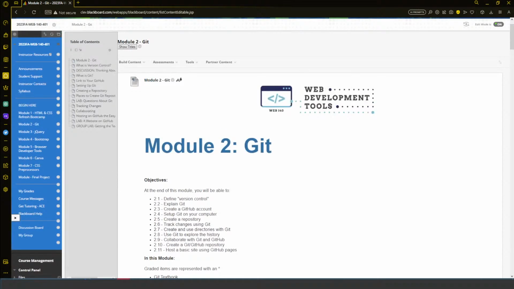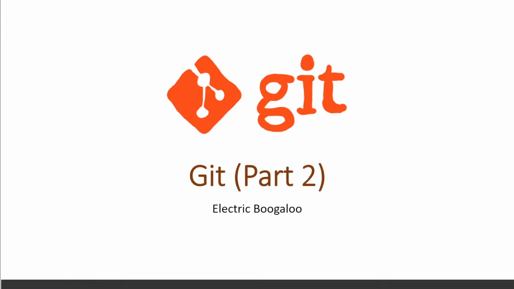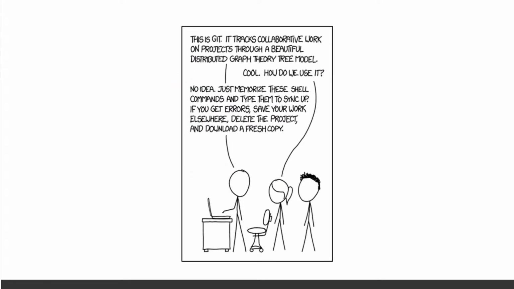All right. So with that being said, let's talk a little bit about Git. I'd like to review the stuff that we talked about last time. We started talking about Git, and we said that Git was a tool that we could use for version control.